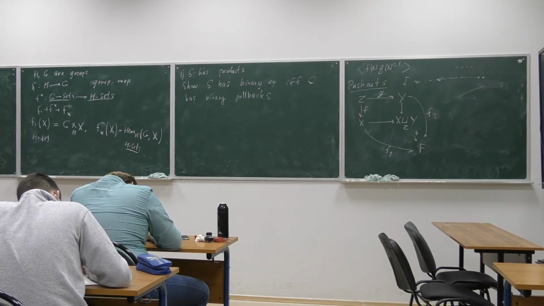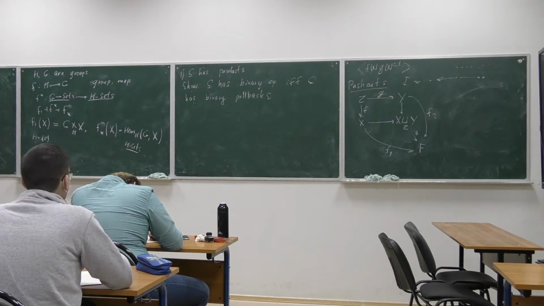If we can show this, then we actually proved two theorems in the section about complete categories, because this is the only thing that was missing.